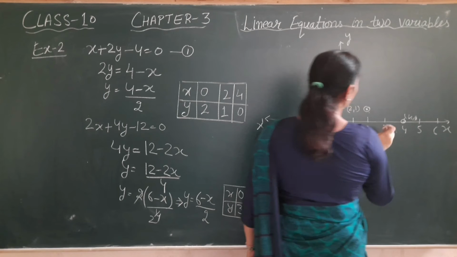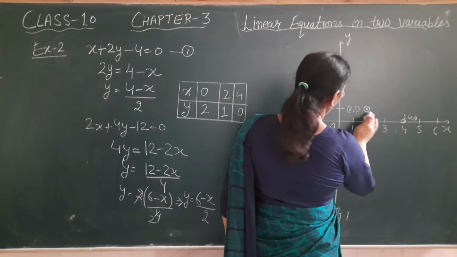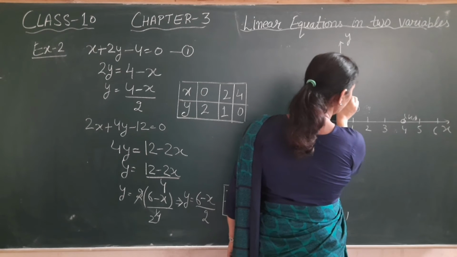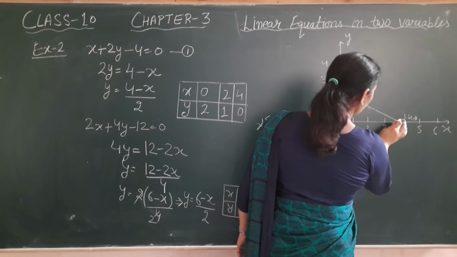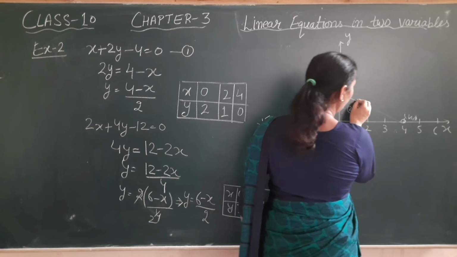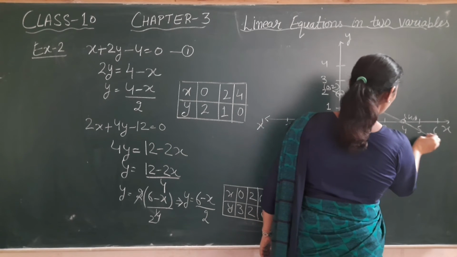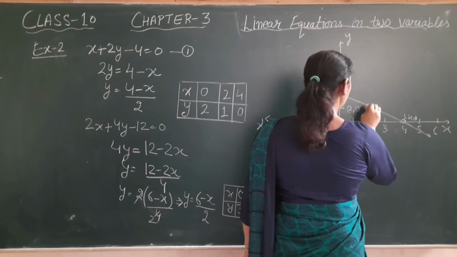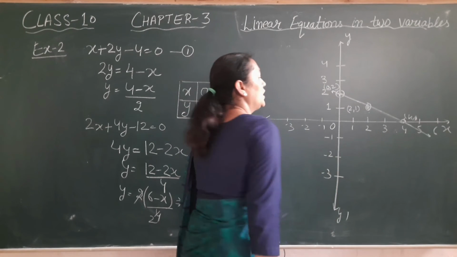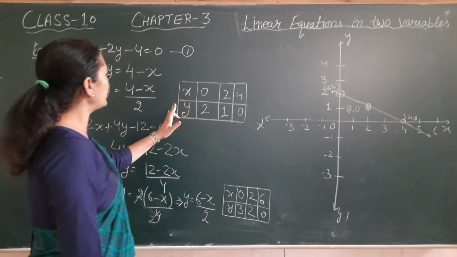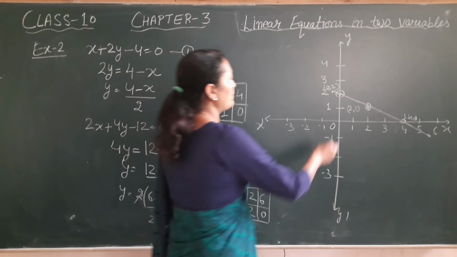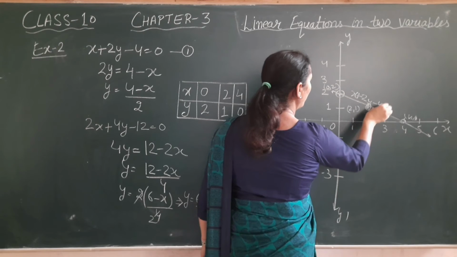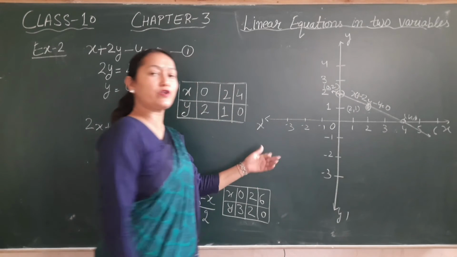So if we plot the points, as I'm not plotting on the graph, there may be some problem in plotting, but when you do it on graph, you won't be facing any problem. So this straight line I've got for the first equation. Which equation? Always mention the equation. x plus 2y minus 4 is equal to 0. For the first equation I've drawn the graph.